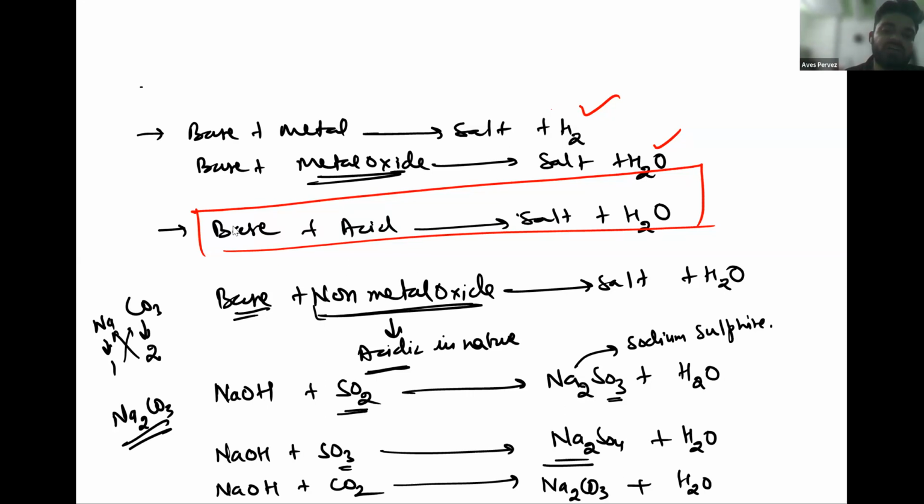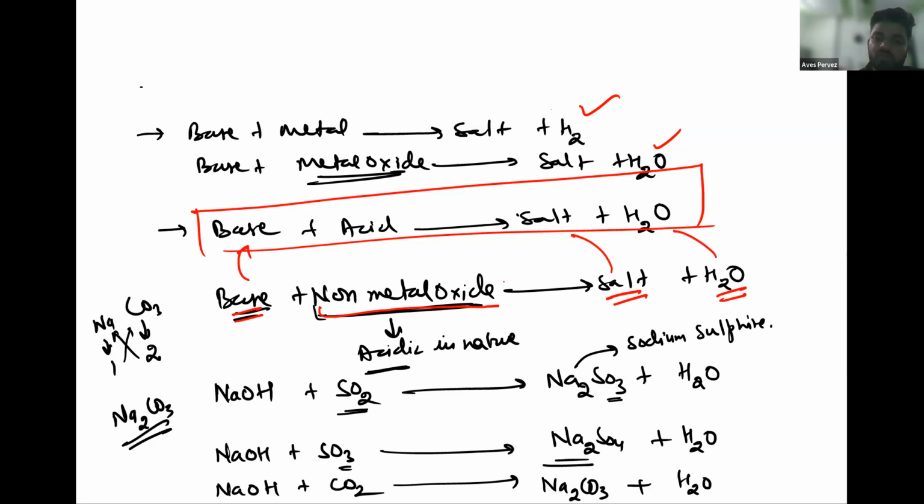We did this in the properties of acid, so this is the third property of base. Now the fourth property: a base, when it reacts with a non-metal oxide like sulfur dioxide or carbon dioxide, again forms salt plus water. Compare it: base, this is salt, this is water.